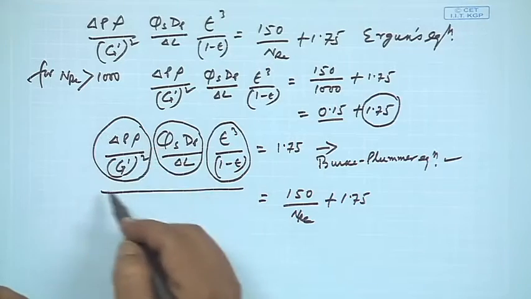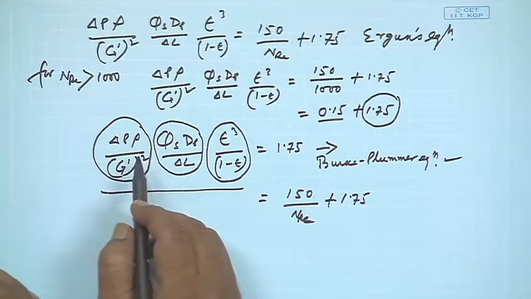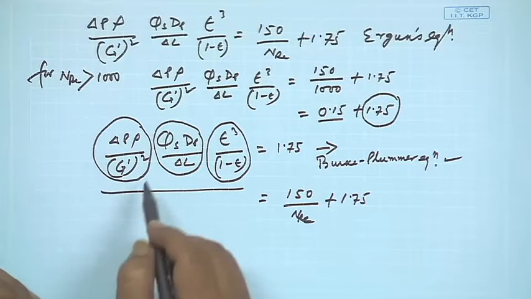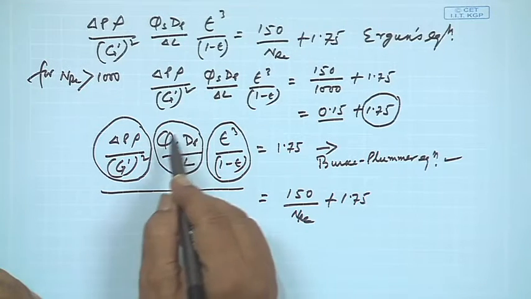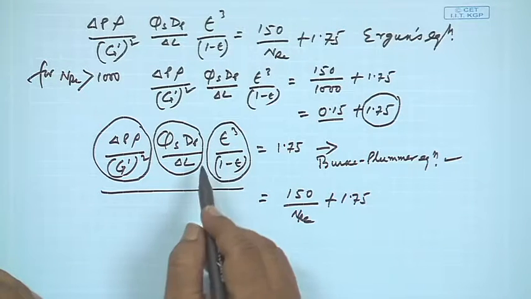Ultimately they landed on these expressions: delta P rho by G prime square, phi s dp by delta L, and epsilon cube by 1 minus epsilon.